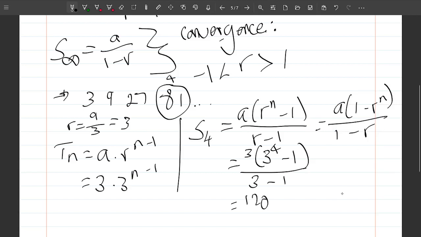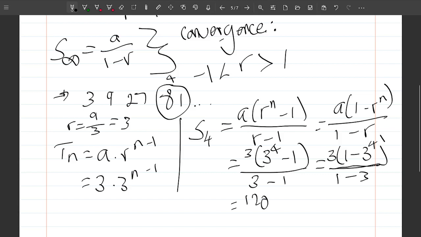And then you're probably imagining, what if I use this other one? Well, if you use this one, then your substitution would be as follows. You'd have a 3 for the a, 1 minus r, where r is still 3, and n, you're still summing up the first 4, divided by 1 minus r, which is 3.